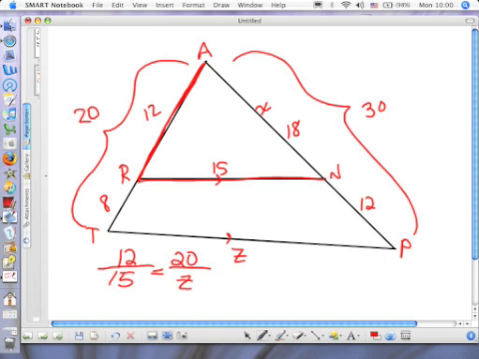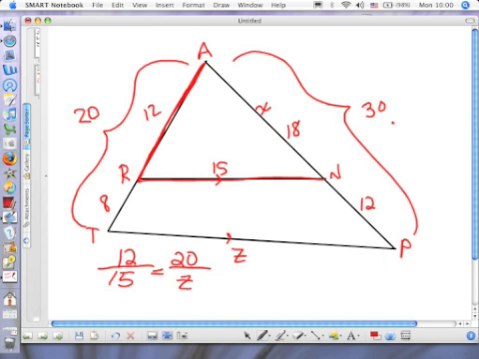And if I'm taking numbers from the left-hand side, I have to take them all from the left. I can't take 12 and then 30 because those aren't exactly the same on both sides. And then I find the value of Z. Because see, here we were just talking about little pieces of the big triangle. Now we've got two completely separate triangles.